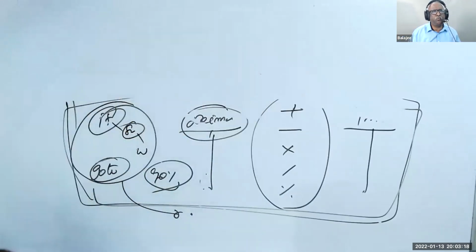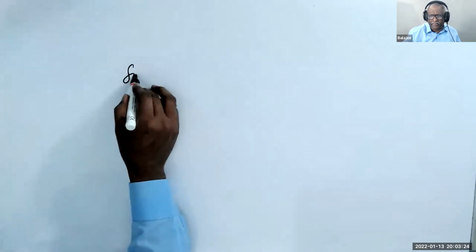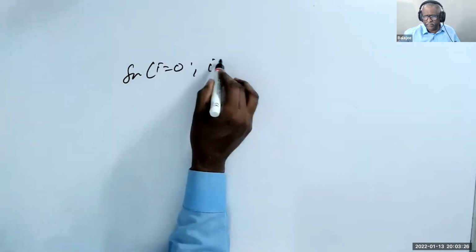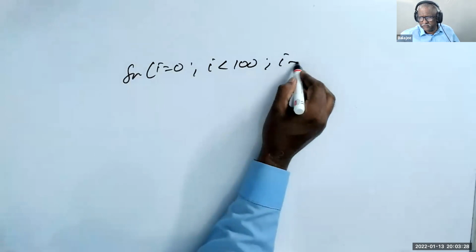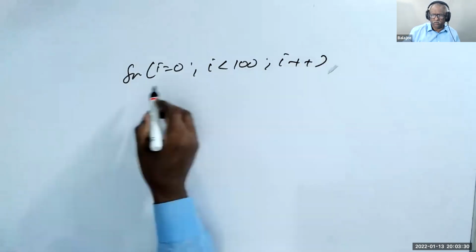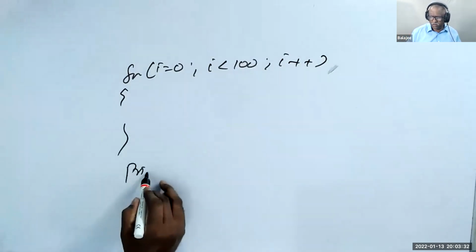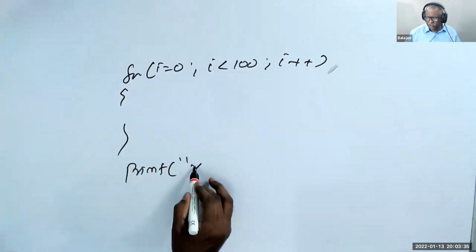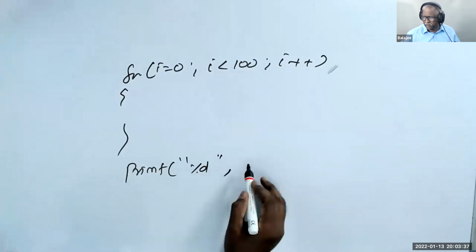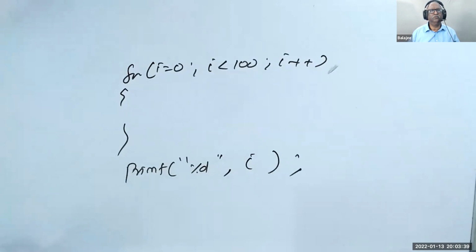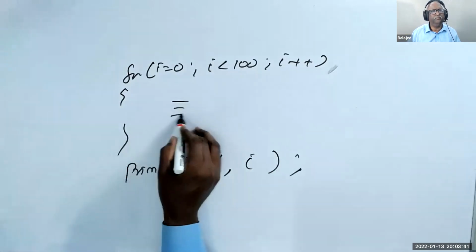Here is a trick. If I write a program here: for I is equal to 0, I less than 100, I plus plus, printf percentage D, comma I. Am I right? I do something here.